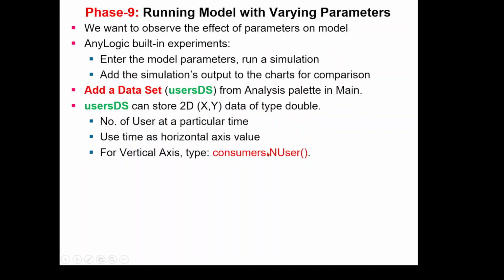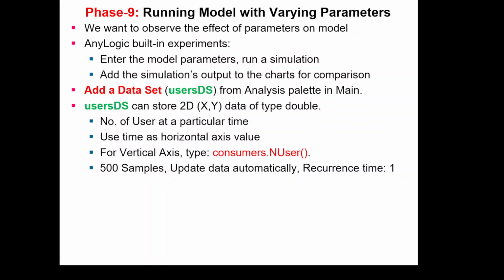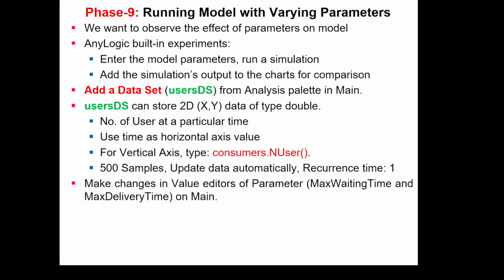It is consumers and that dot end user. We defined it in the video when we were dealing with the statistics. We will take 500 samples, update data automatically, and the recurrence time will be 1.